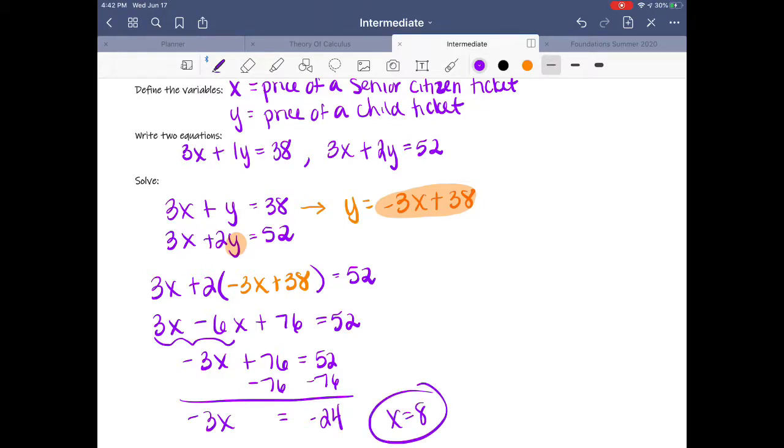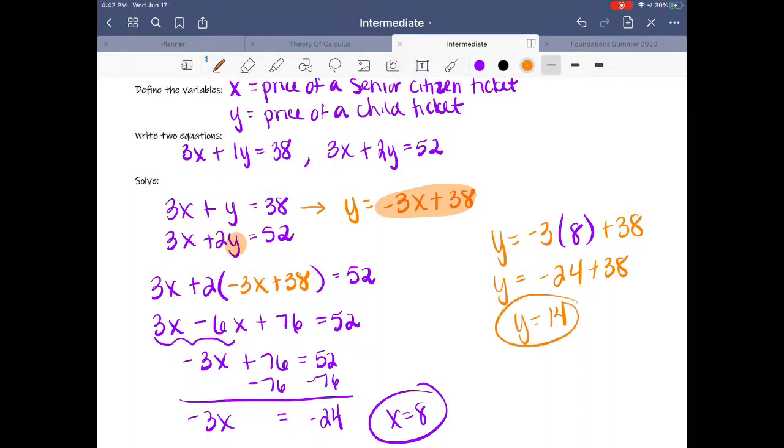So x is 8. Now I'm going to use that and sub it in for x to get y. And we get 14.